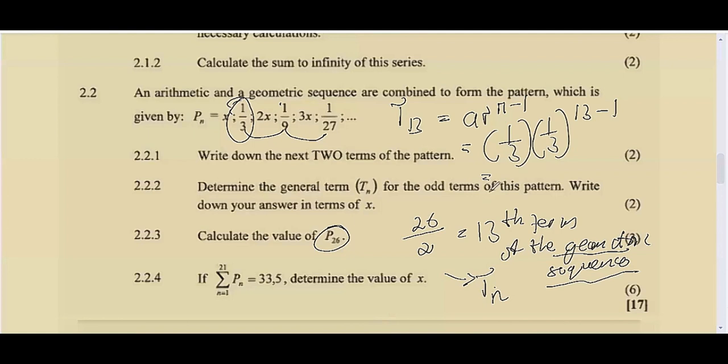Then when I do that, that gives me 1 over 1,594,323, right?